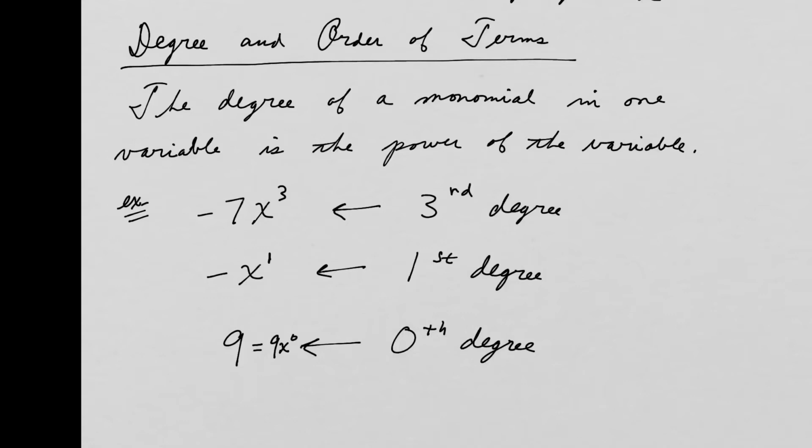What about a polynomial in general? Okay, how do we figure out the degree of a polynomial in general? Well, first of all, let's talk about something called the leading term of the polynomial. So the leading term of a polynomial is the term of highest degree.